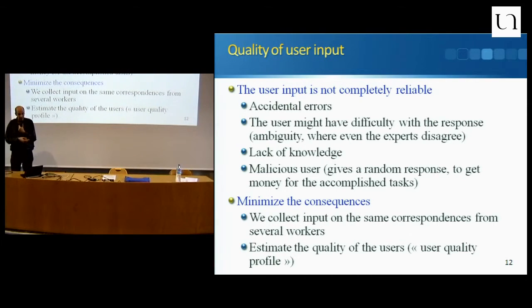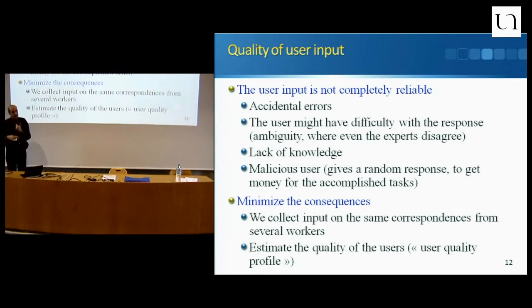Okay, but we need to also cope with the case of malicious users, or with users who just give a random response in order to get the money. I forgot to mention that, but maybe you know this, the crowdsourcing platforms normally propose such micro tasks in return for a small amount of money.